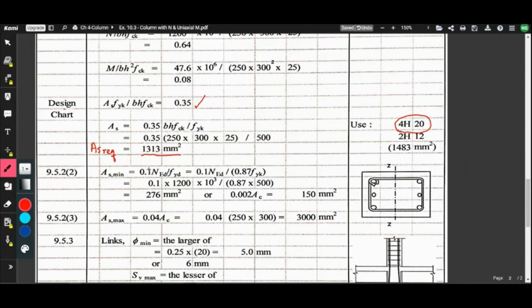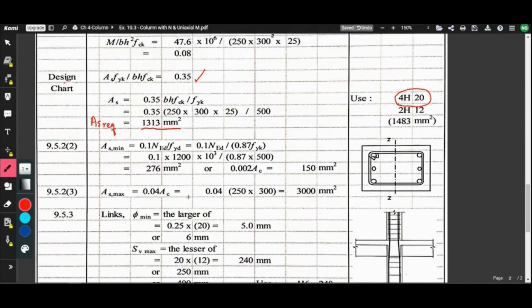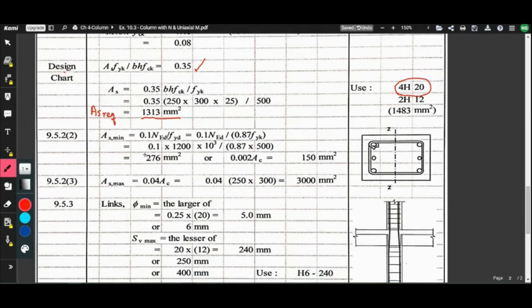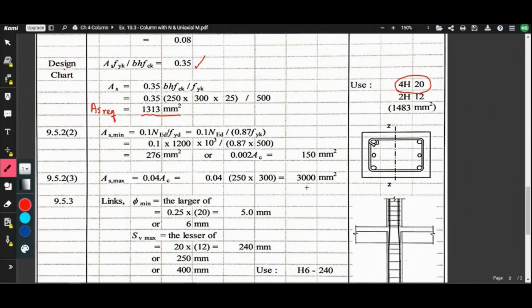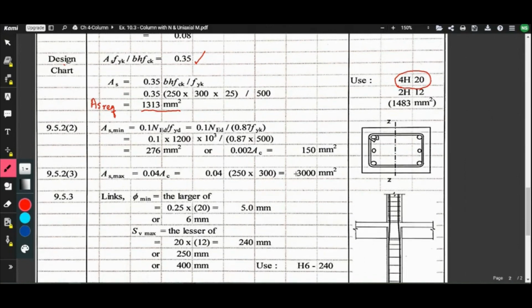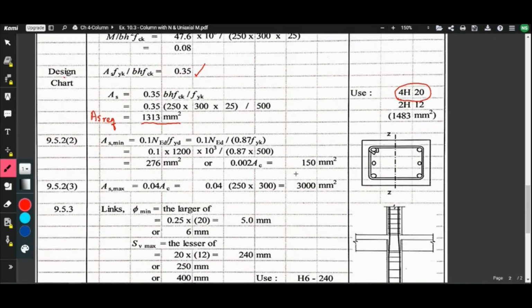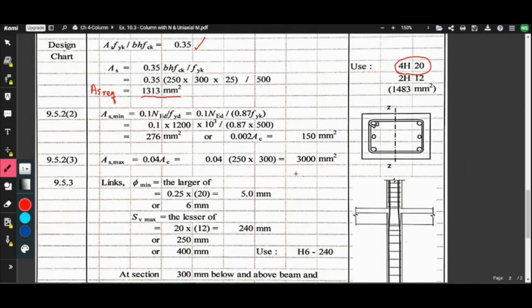And then calculate As min and As max. So that As min is 276 and As max is 3000. So the As provided is okay.